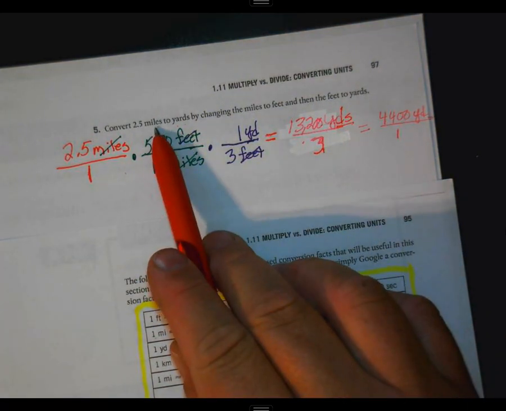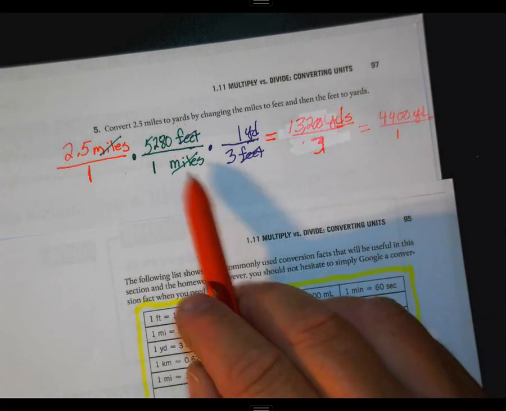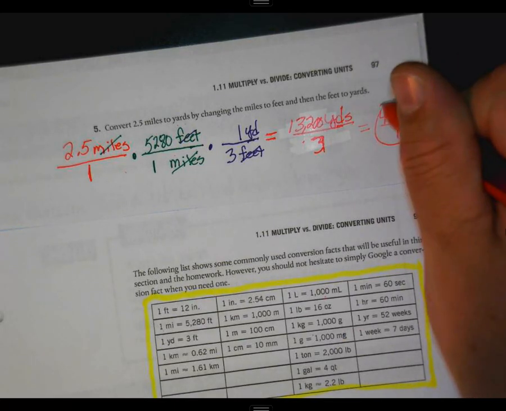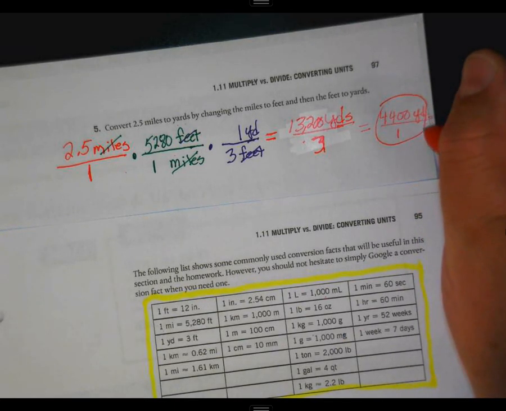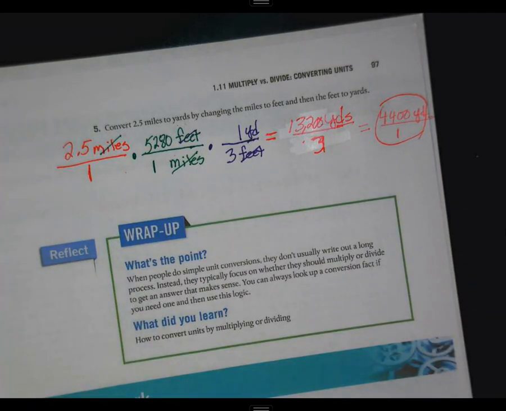Okay, so I changed miles to yards by changing the miles to feet and then feet to yards. So I did answer the whole question. Here's my answer: 4,400 yards. And that should be enough to do your homework.